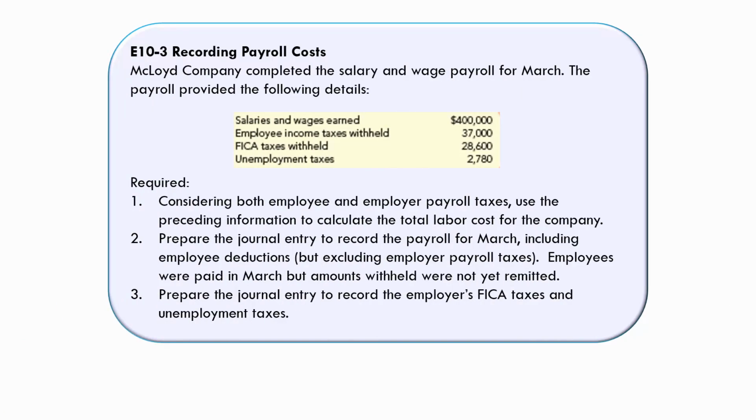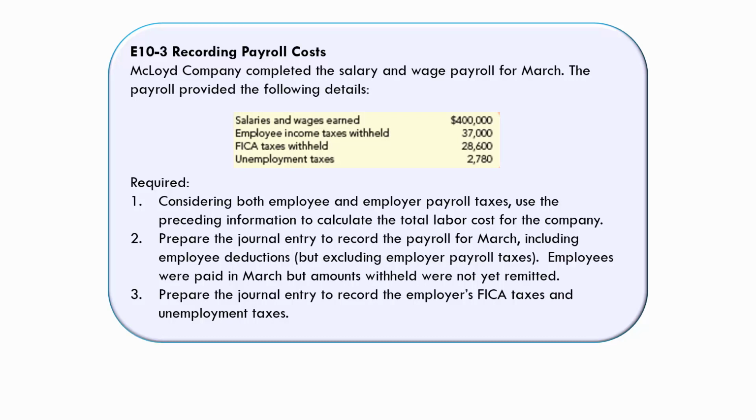Now payroll. Here we have McLeod Company, and they have completed the salary and wage payroll for March. And in requirement 1, they ask us to do both employee and employer payroll. And so this is usually done as 2 journal entries, and we first take care of the employee.